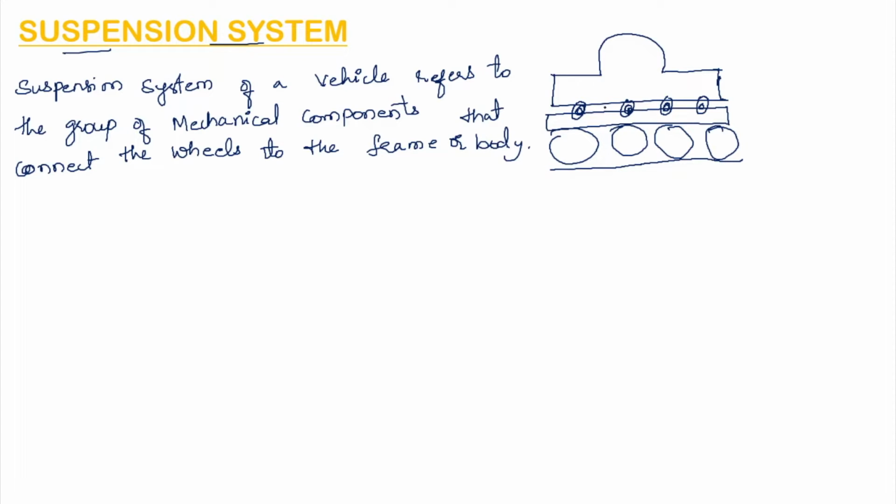So to protect the body of the vehicle as well as the people occupying the space in the vehicle from the road shocks, we are using these springs which will connect the chassis to the body of the vehicle.